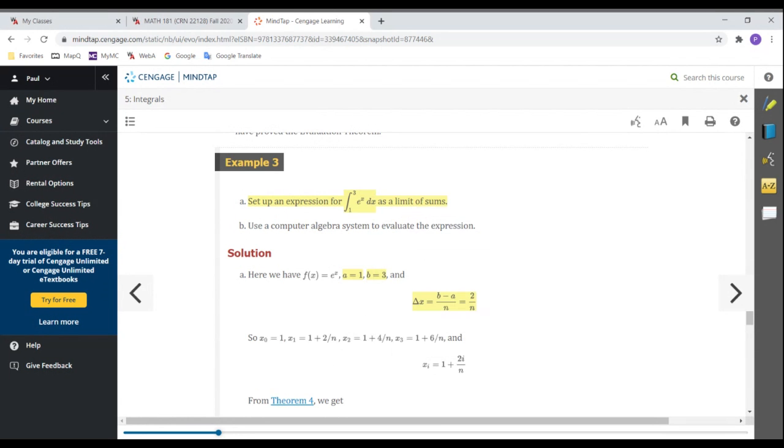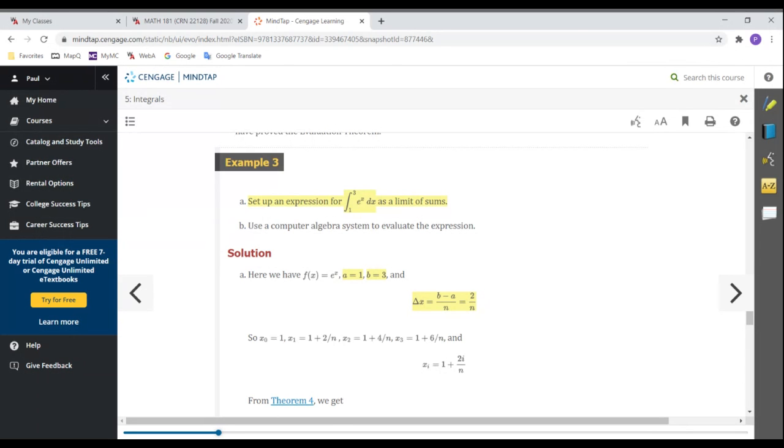So if you have an interval from 1 to 3, and you decide, I'm going to have 4 subintervals, how wide would each subinterval be? Meaning if you were going to use 4 rectangles to approximate the area under the curve from 1 to 3, each subinterval is going to be a half.